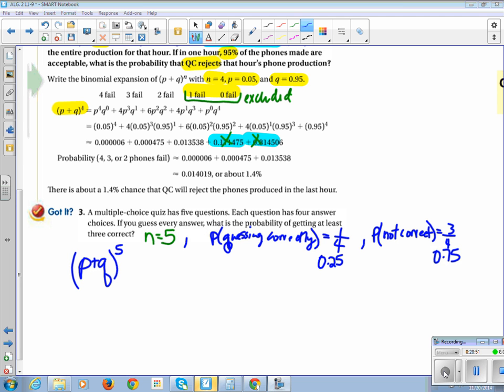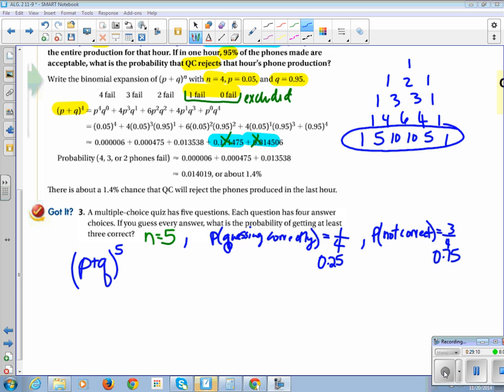And so I'm going to use Pascal's triangle, because I don't want to calculate all the combinations. So it's this one, the 1, 5, 10, 10, 5, 1.